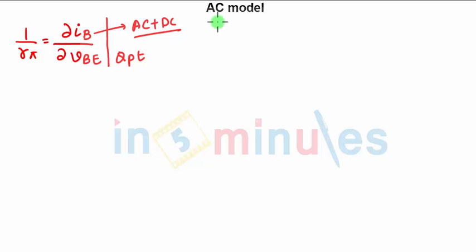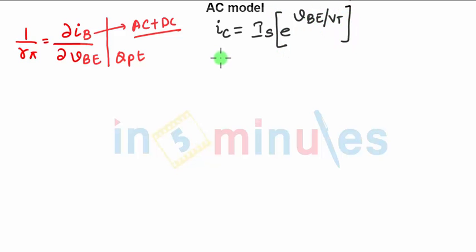Now you know the equation for IC. When I explained the collector current, I derived the equation for IC as IS e raised to VBE upon VT. Now what is the relation between collector current and base current? Your IB is IC by beta. So in this equation, if I want to use IB, I need to divide this by beta, and then I can get the equation for IB.